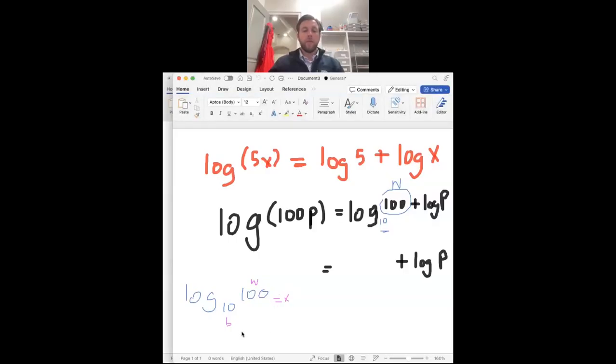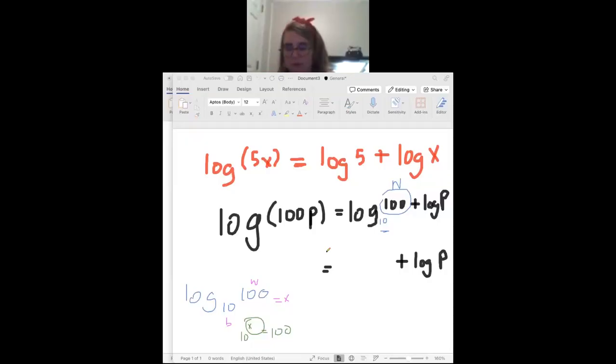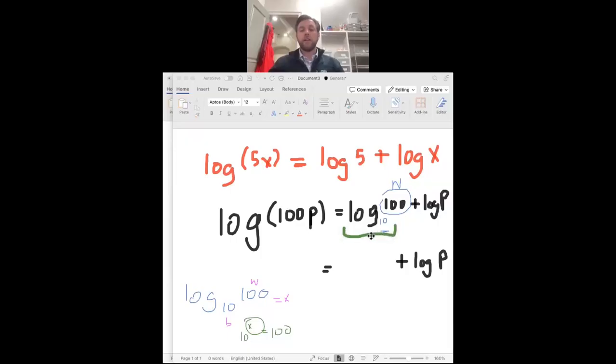So 10 to the x equals 100. What does that x have to be then? 10 to what power gives us 100? 2. And so this thing here simplifies to 2.